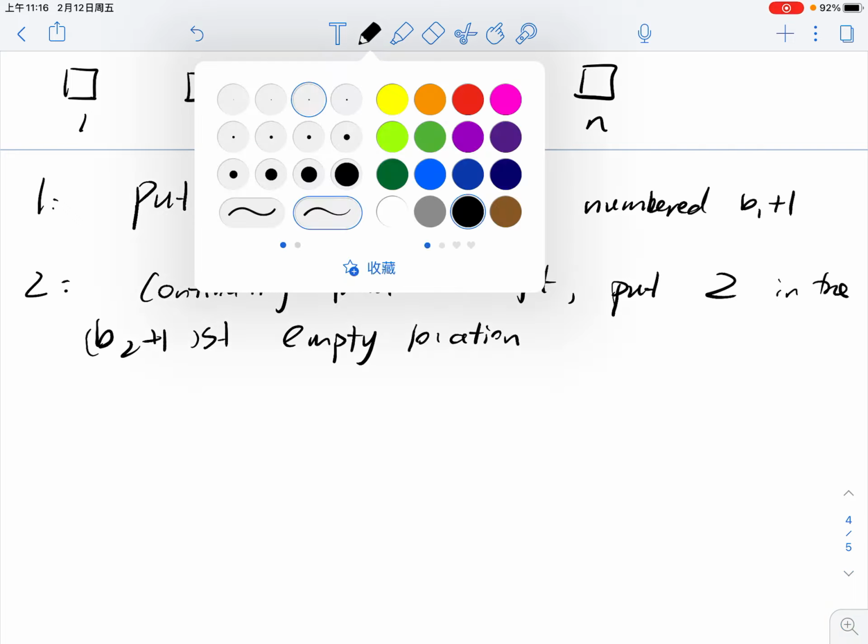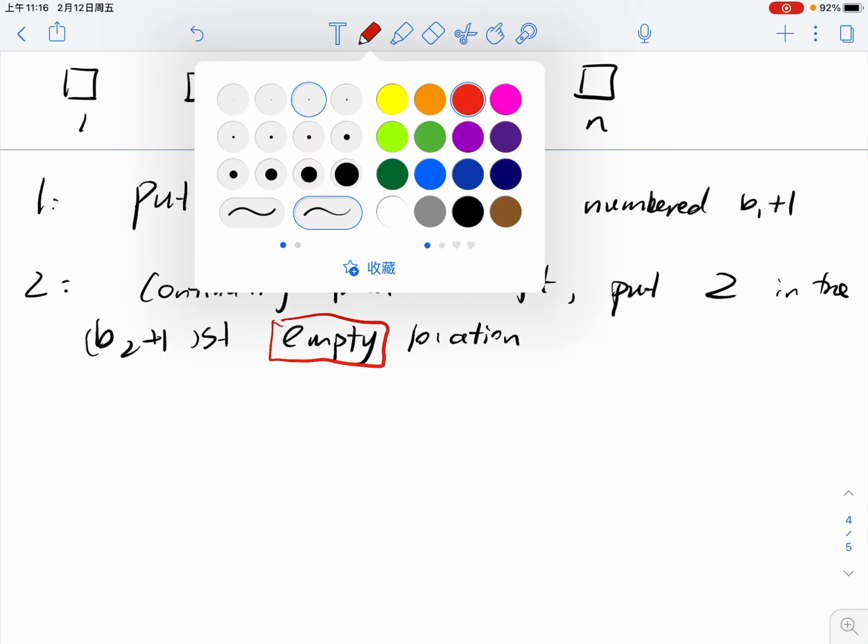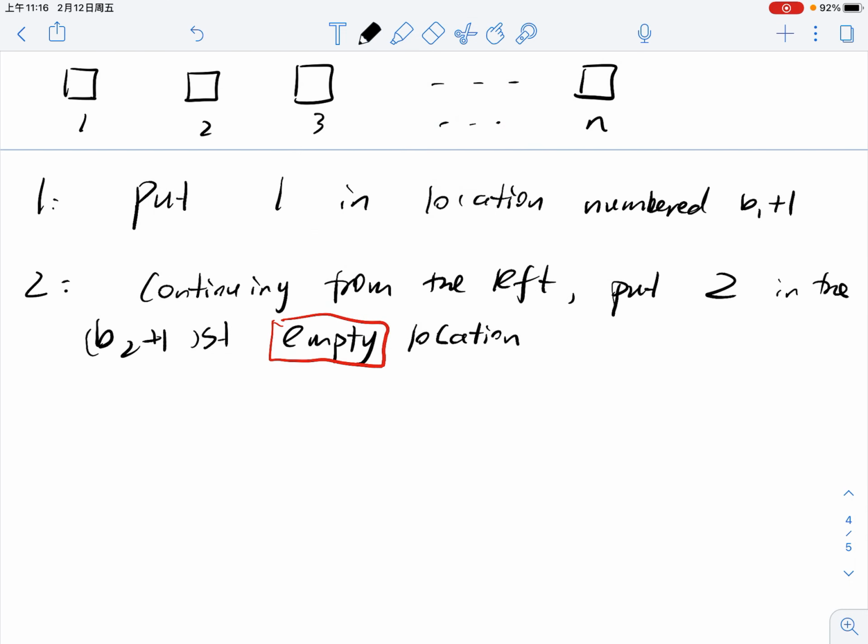Okay, so here the important thing is that you need to have some relative flavor in some place. Essentially, they should be equivalent. So when we count the locations, we always count the empty locations.